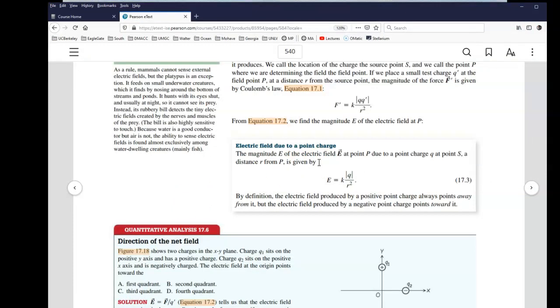What is 17.5? It's on page 539. Is it? I'm sorry, that's not what I wanted to do. That's not the electric field. I apologize.